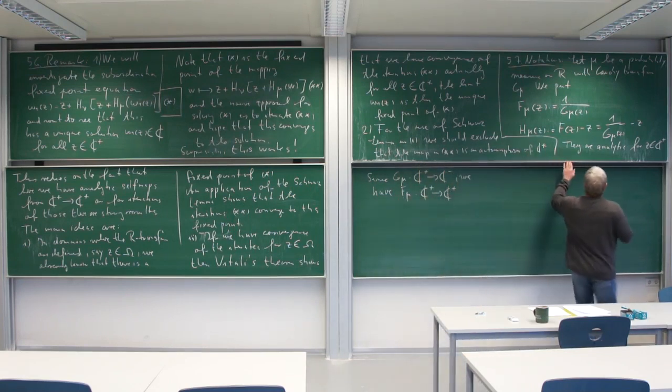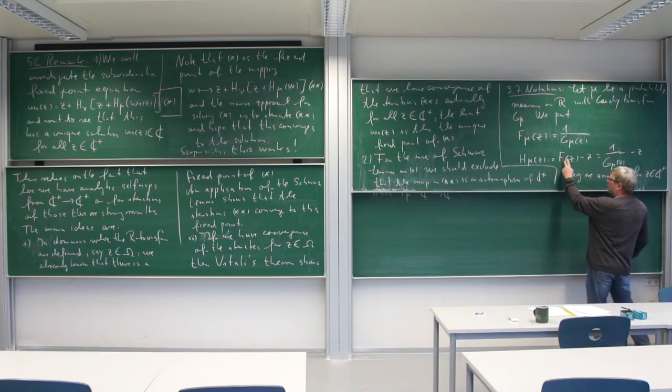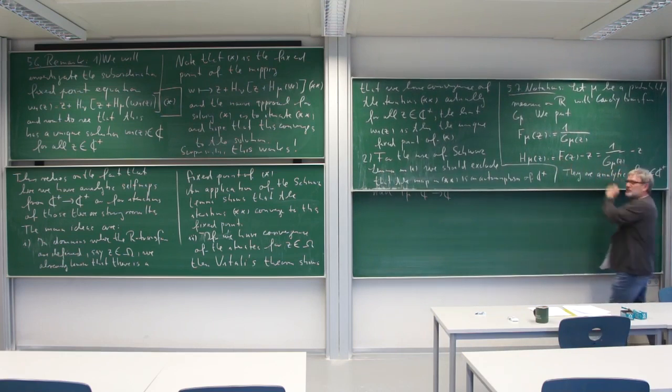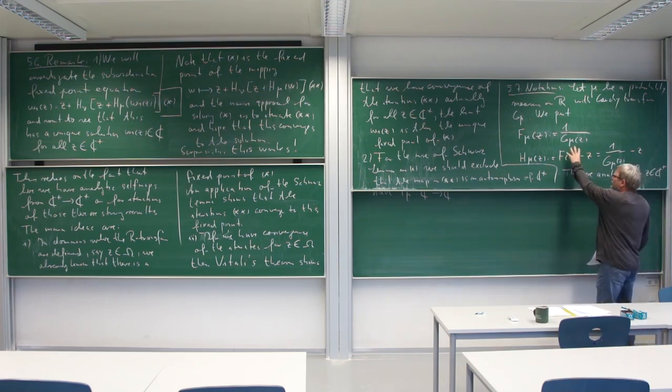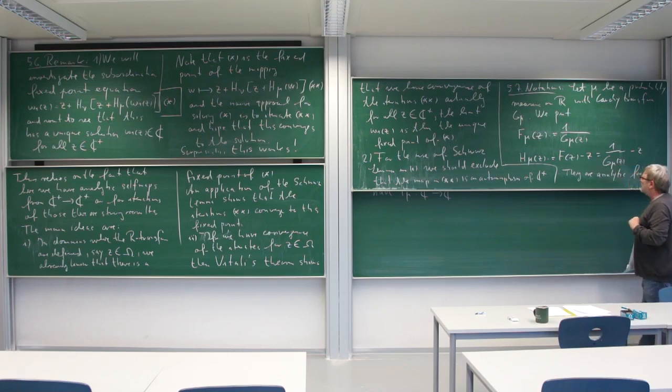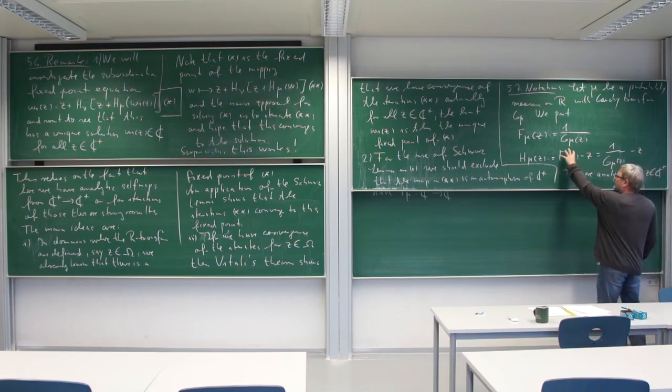Okay, for H mu, it's not so clear because, of course, this goes to C plus, but then I'm subtracting something. This could mean that I'm falling into the lower half plane. But of course, what I really want are mappings on C plus, so I really want to see that this is also going to land in C plus. Which means that the imaginary part of this guy should be bigger than the imaginary part of this guy.